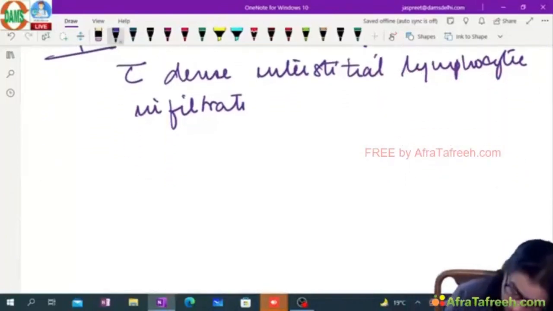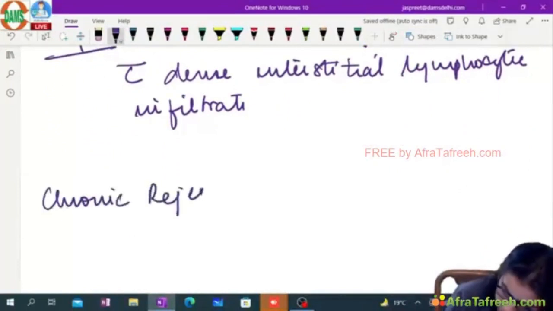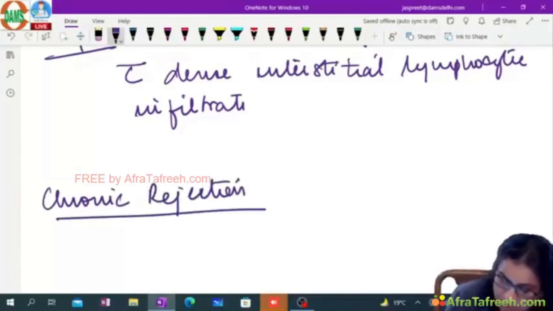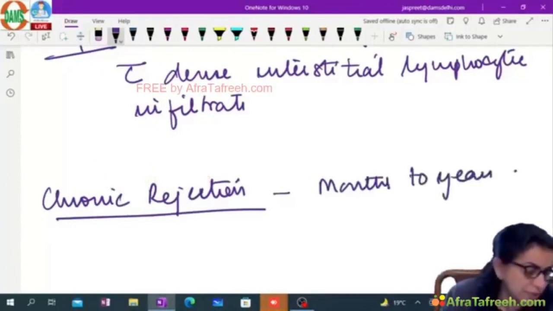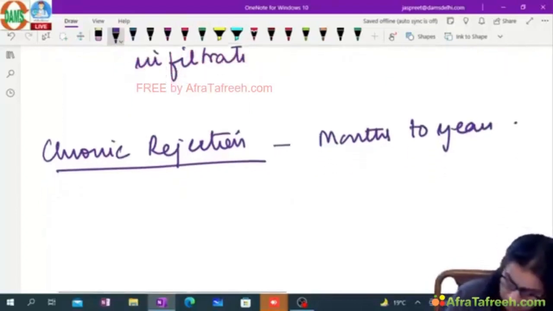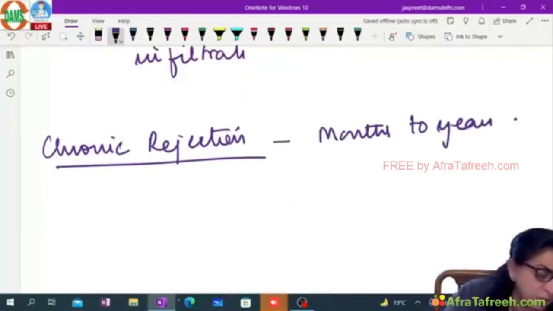Okay, last type of graft rejection is chronic rejection. The most common type of graft rejection today is chronic rejection. Chronic rejection happens from months to years. And this chronic rejection can be both cellular or humoral.